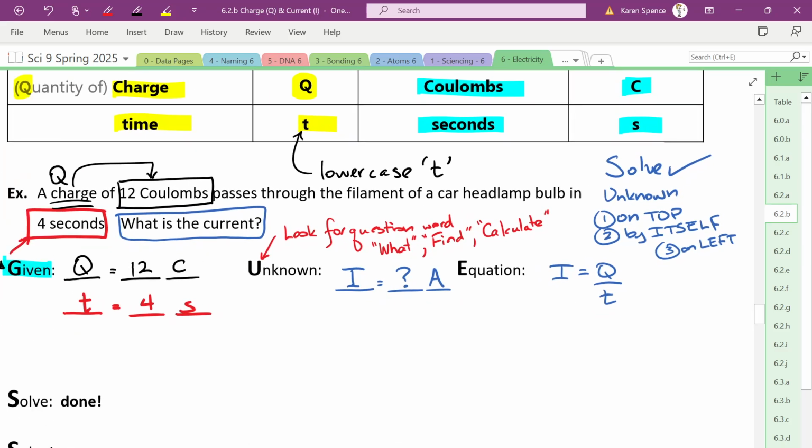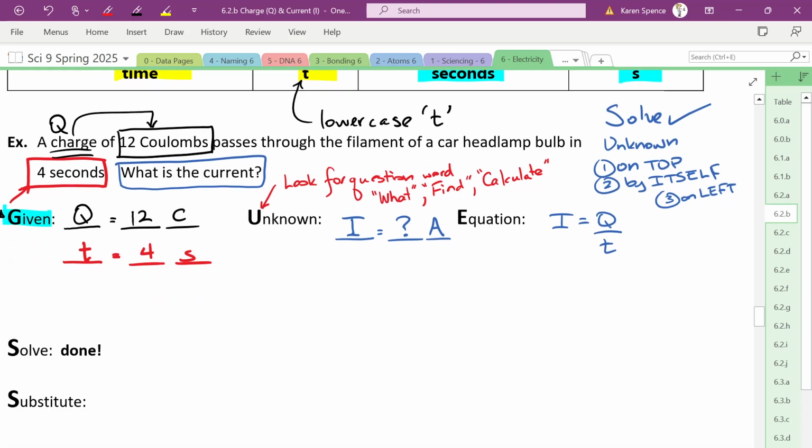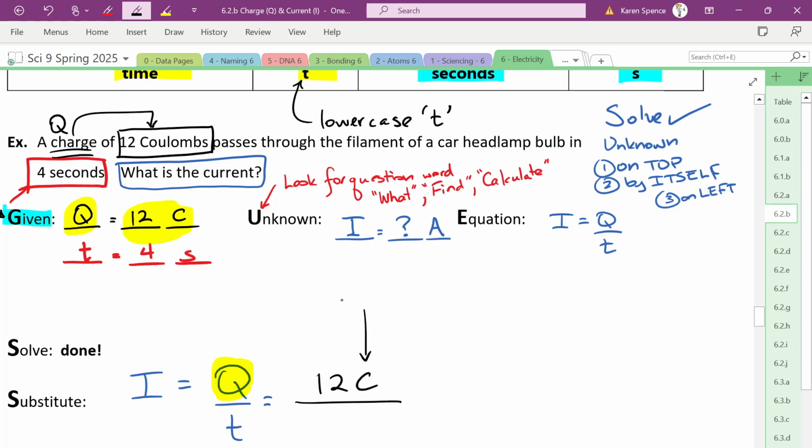And now we are going to substitute, so we have I equals Q over T. We're going to write that equation, and then where it says Q, we are going to substitute with 12 coulombs. Don't forget your unit, 12 coulombs.